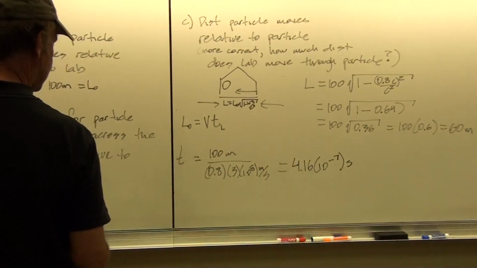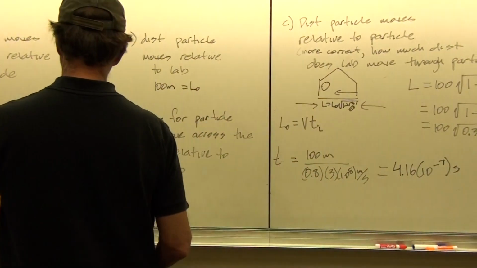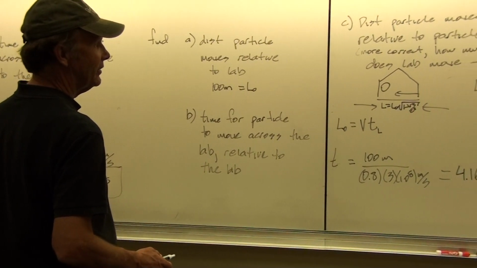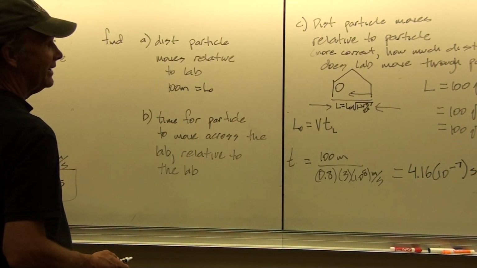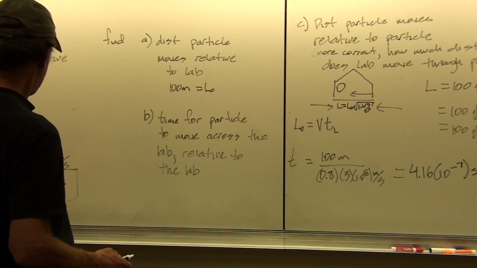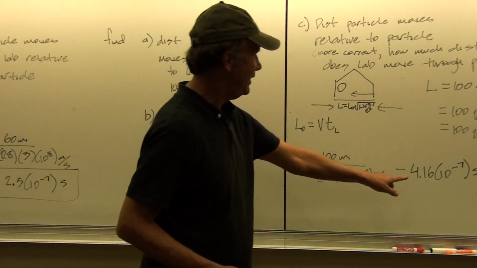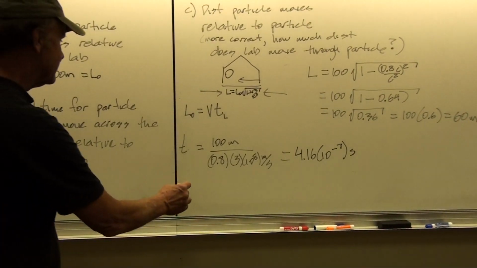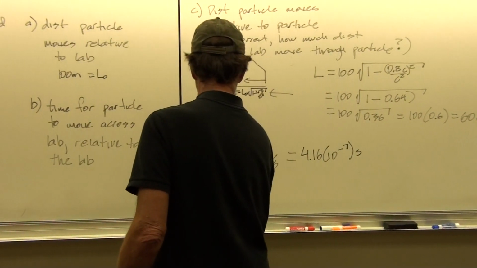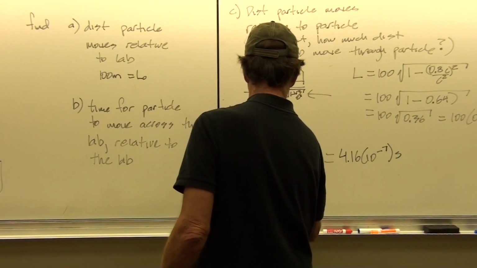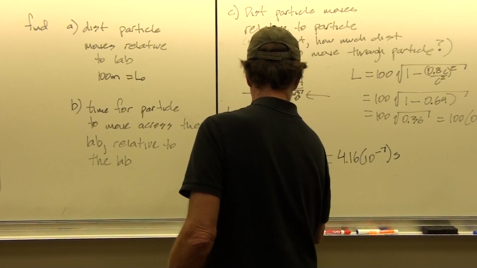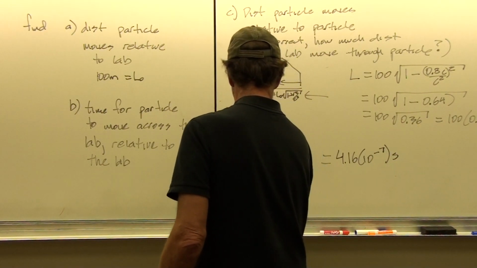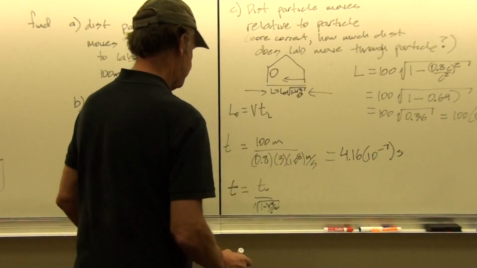Well, if we take t naught and multiply it by 0.6, right? What we're going to get is this time will turn into this time. Okay, so this is consistent then with t equaling t naught divided by the square root of 1 minus v squared over c squared. And it had better be, okay?